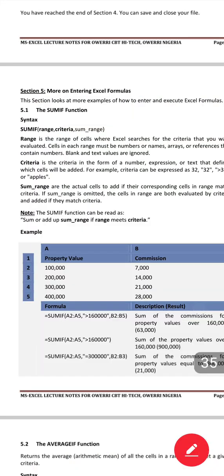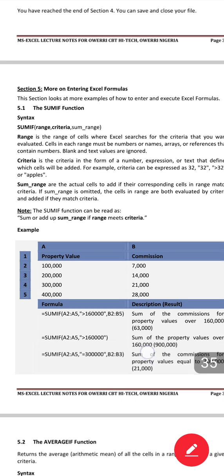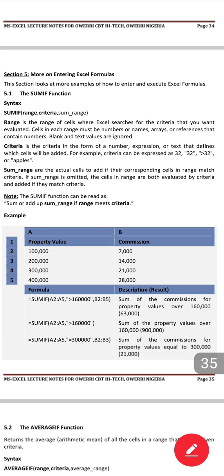Section 5, more on entering Excel formulas. The SUMIF function. Use the syntax SUMIF, and in parentheses we use range, criteria, sum_range. The range is the range of cells where Excel searches for the criteria that you want evaluated. Cells in each range must be numbers or names, arrays or references that contain numbers.